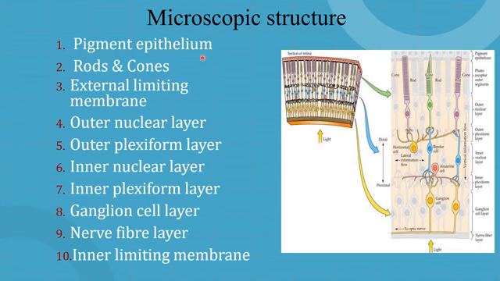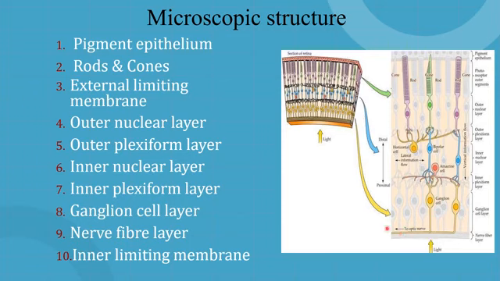The pigment epithelium layer, then the rods and cones, external limiting membrane, outer nuclear layer, outer plexiform layer, inner nuclear layer, inner plexiform layer, ganglion cell layer, nerve fiber layer, and finally the inner limiting membrane. The nerve fiber layer is completely made up of the nerves from the ganglion cells.